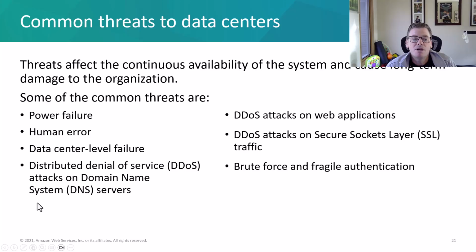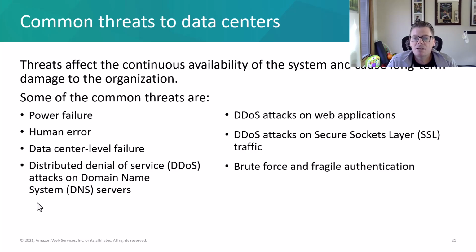All right, some common threats to data centers. We've seen a lot of these before in other modules, so we're going to jump through this rather quickly. Again, power failures, human error, data center level failure, which would mean some larger system in the data center itself went down. And then they're talking about DDoS attacks, right?